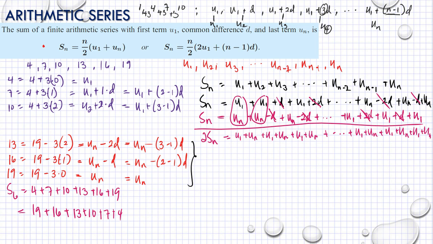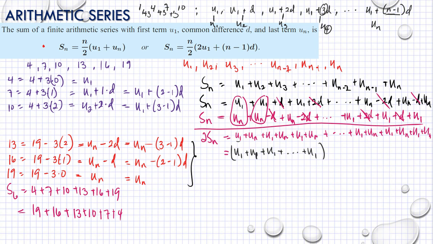Now, if I collect all my u sub 1, maybe I'm going to change to another pen. U sub 1 plus u sub 1 plus u sub 1, and so on. How many? That's n terms of u sub 1.